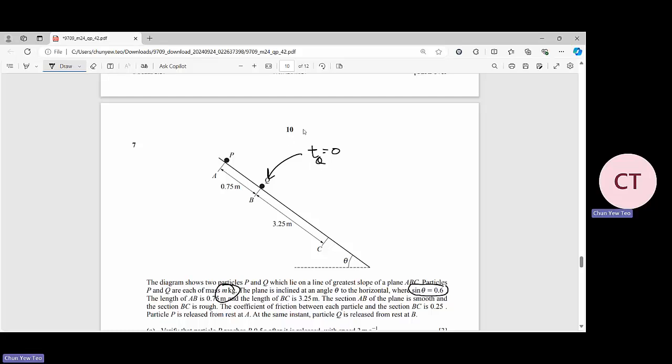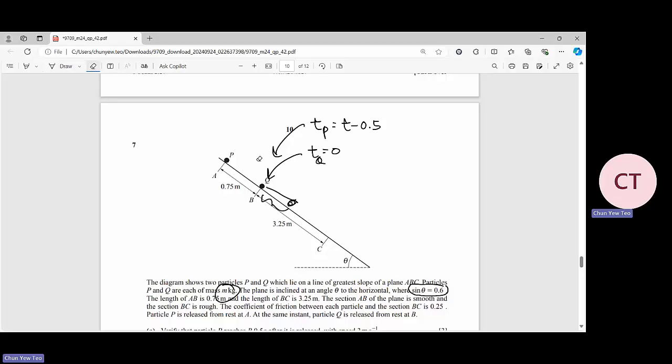But at this moment, the time for P is actually t minus 0.5, because when P reaches over here, Q has already moved for 0.5 seconds.